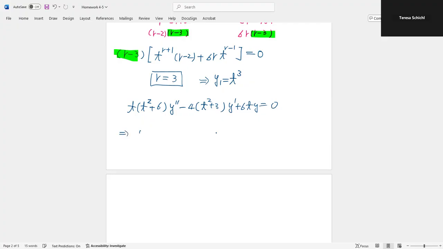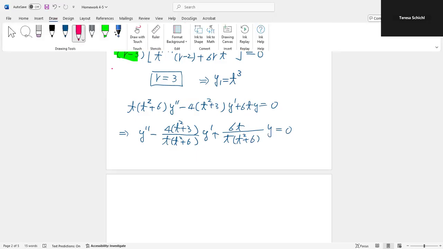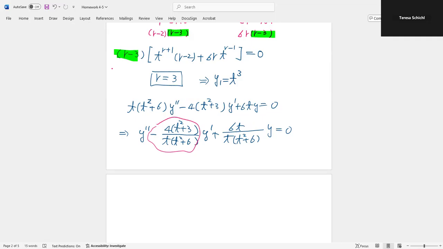I will divide by t squared plus 6, so it's y double prime minus 4 times t squared plus 3 over t times t squared plus 6, times y prime, plus 6t over t squared plus 6 times y equal to 0. So we know this is what my p(t) term is here.